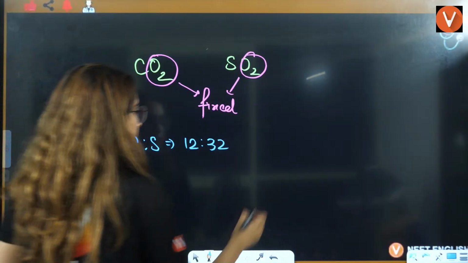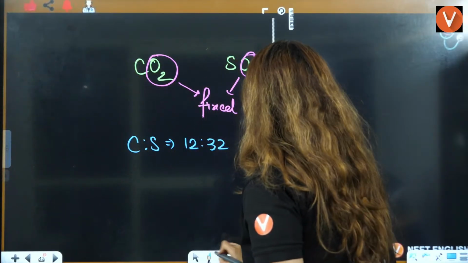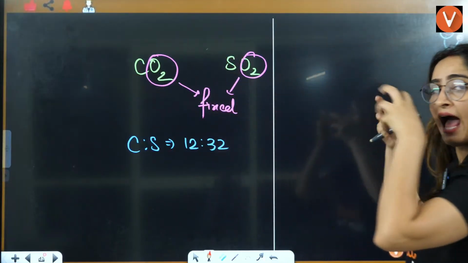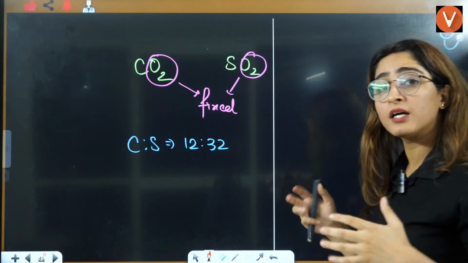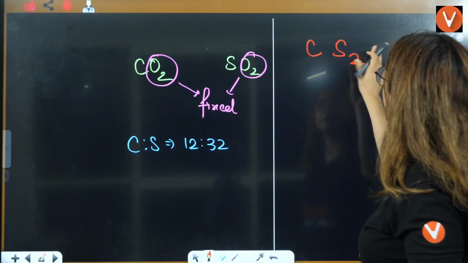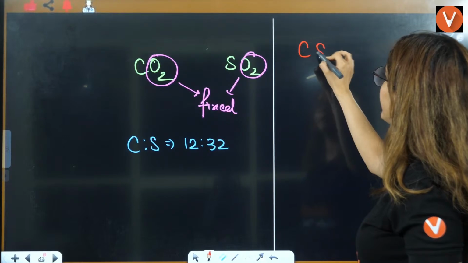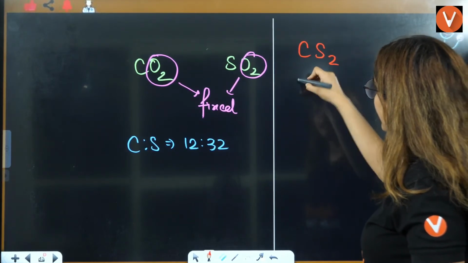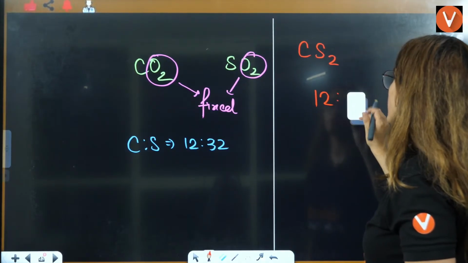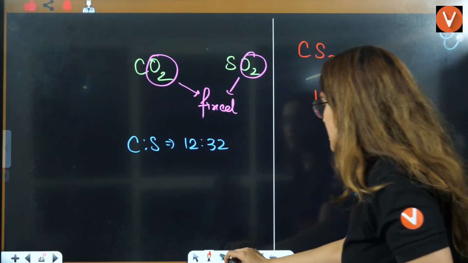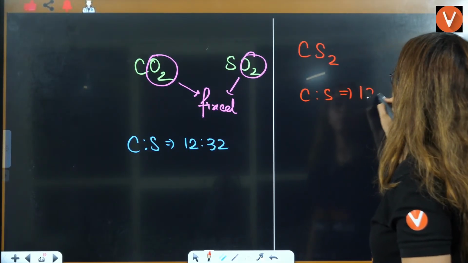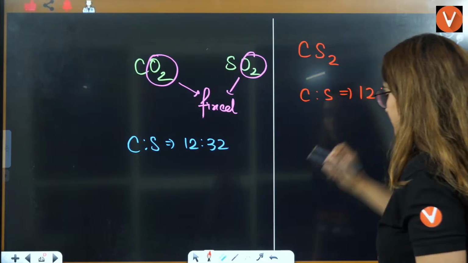But simultaneously, these two elements that have made a compound with the third element, if you combine them together, they can also make a compound. Now the ratio of carbon to sulfur will be 12 to 32 into 2, that is 64.